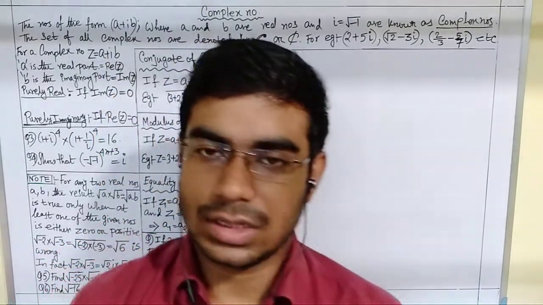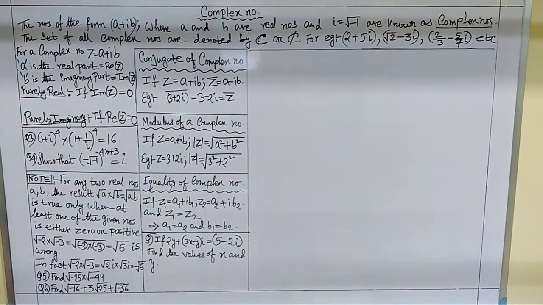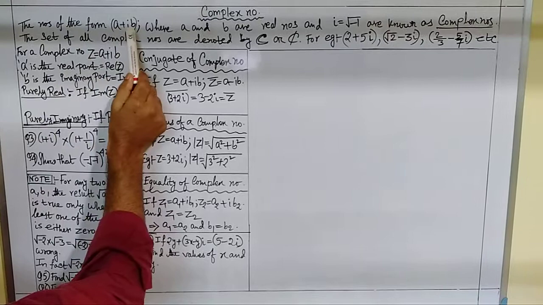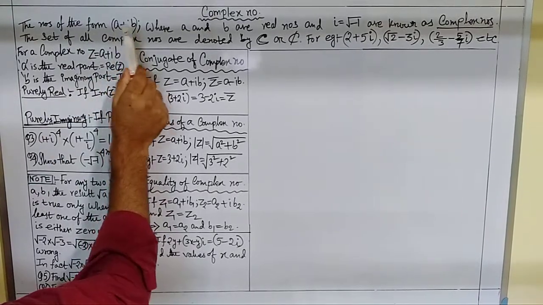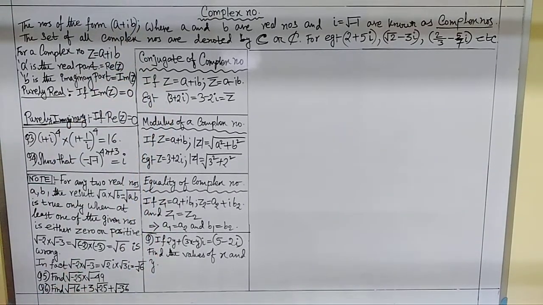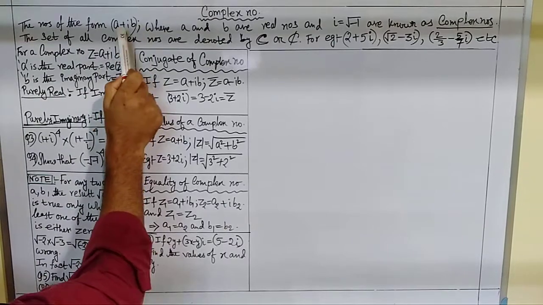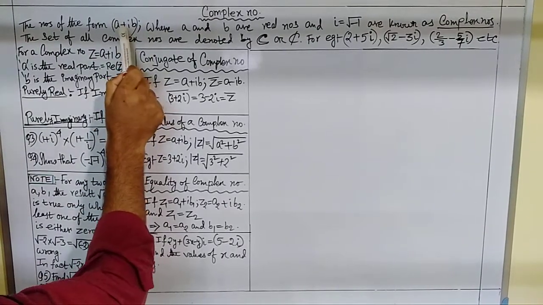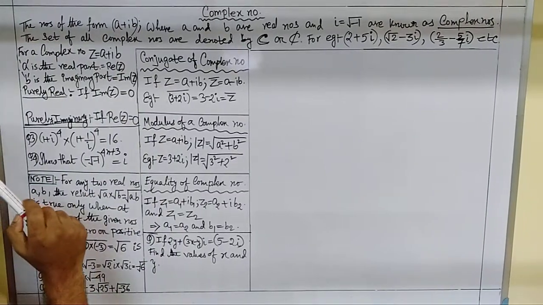So please concentrate. See, what do we mean by a complex number? We know what imaginary numbers are. In our previous video we have already learned it. Now, a complex number is a number of the form a plus ib, where small a and b are real numbers, joined with a plus operator, or it can also be a minus operator.